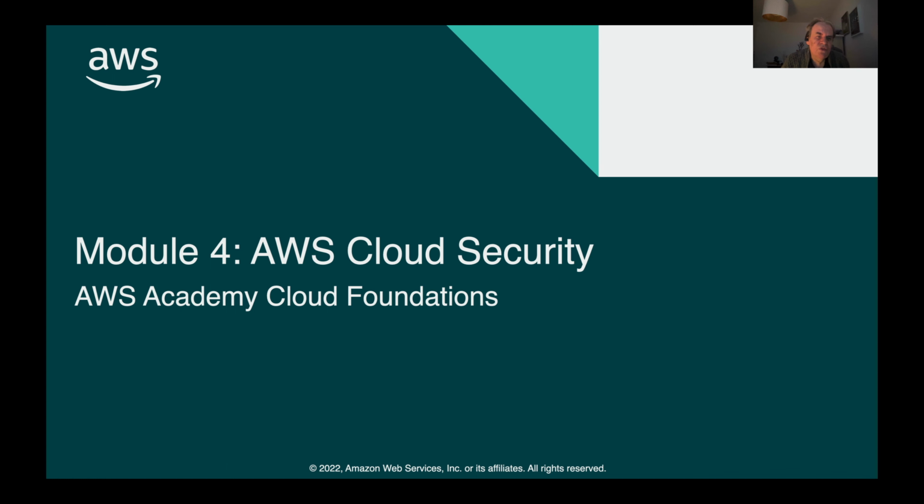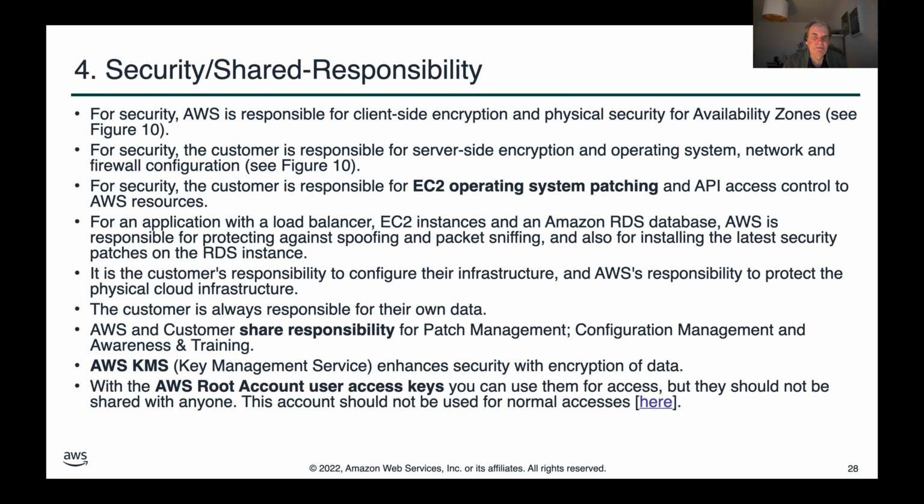Okay, so the next unit is security, a big unit, this one here. So it's AWS's responsibility for client-side encryption and also for the physical security inside these availability zones.